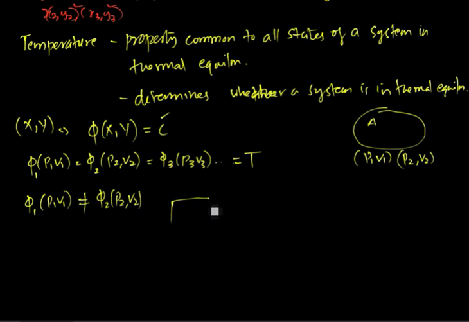That is, if you consider two systems A and B, A is in the state characterized by P1 V1 and B is in the state characterized by P2 V2, and they are separated by a diathermic wall, and if these two systems are not in thermal equilibrium, then there will be a net flow of energy from one system to another till the two attain the same temperature.